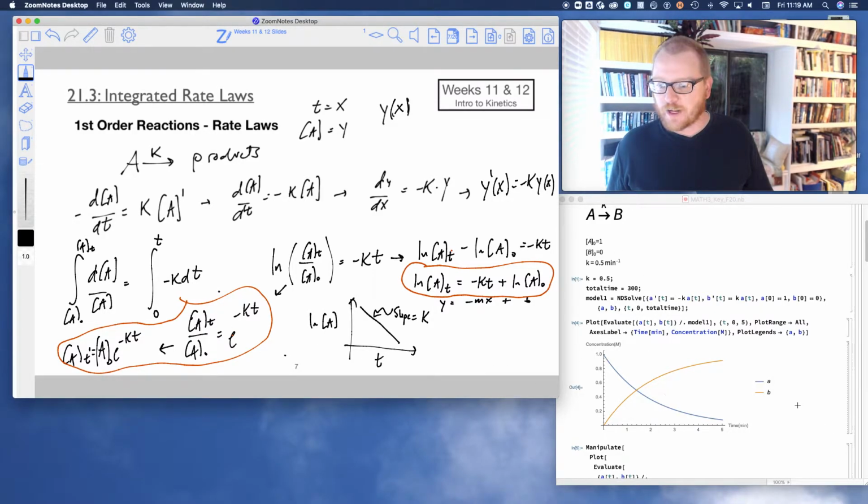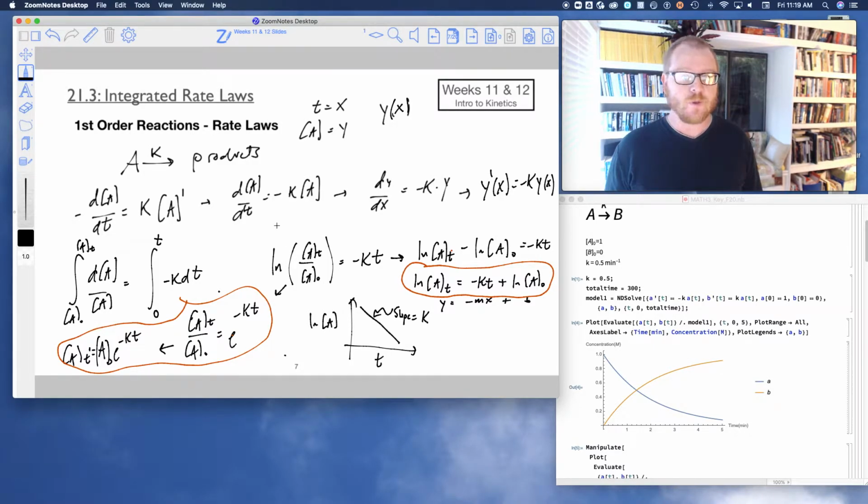Now if you look at the profile for A, that's an exponential decay. So first order reactions are exponential decays, okay? Now what about the rate law for the product?